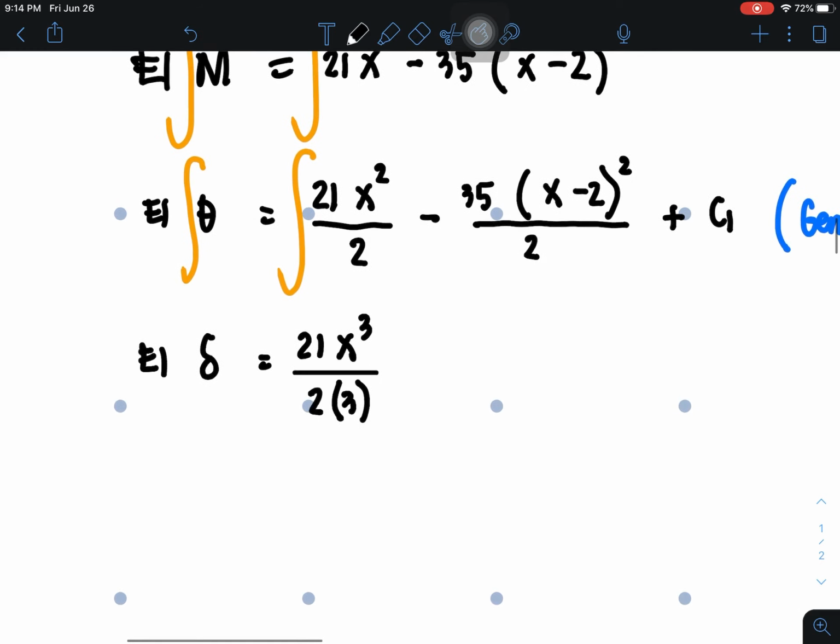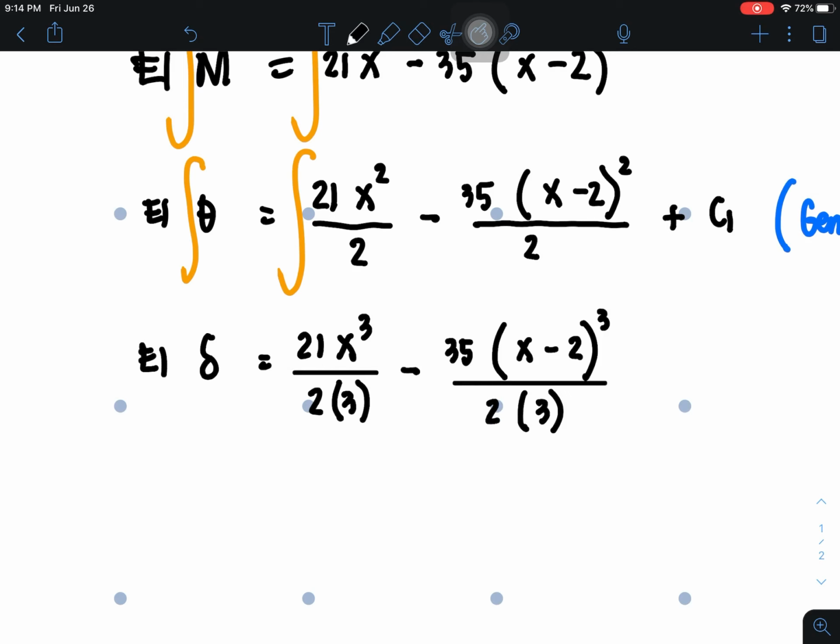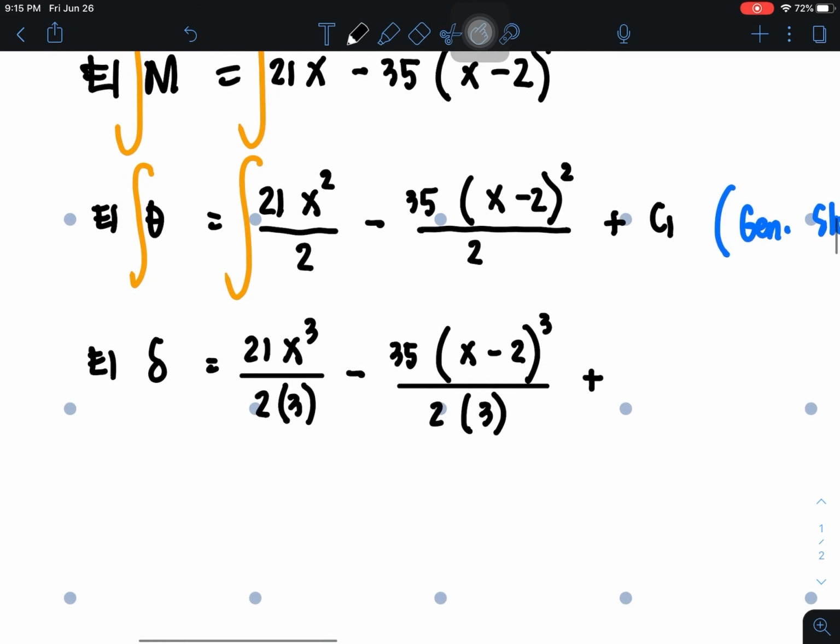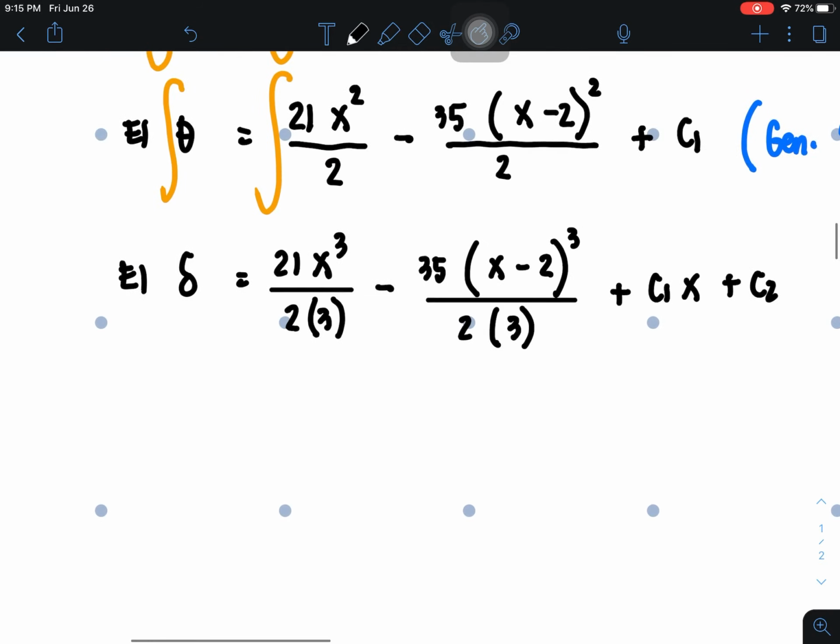Same as what we did in the integral earlier. Then minus 35 times (x minus 2) cubed over 2 times 3, then plus c1x, then plus c2. So we can now resolve it.